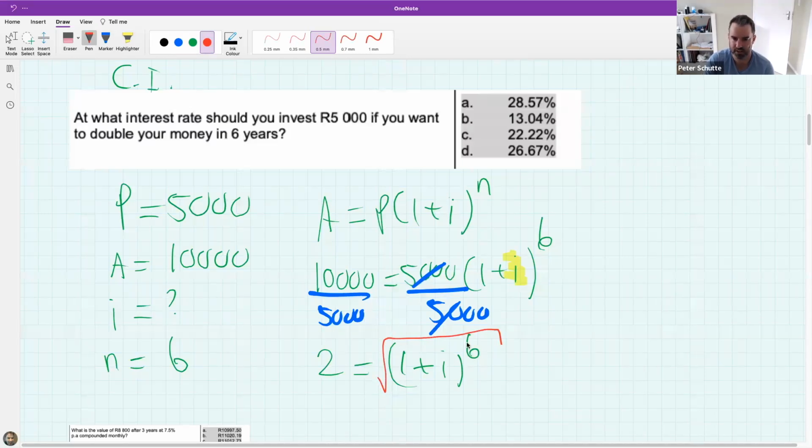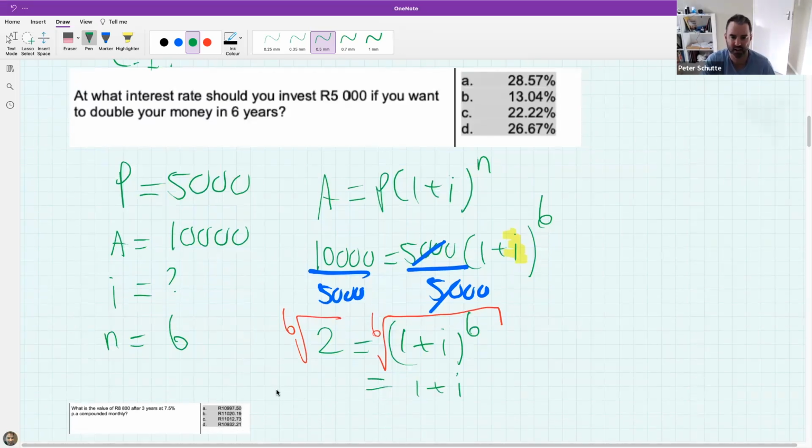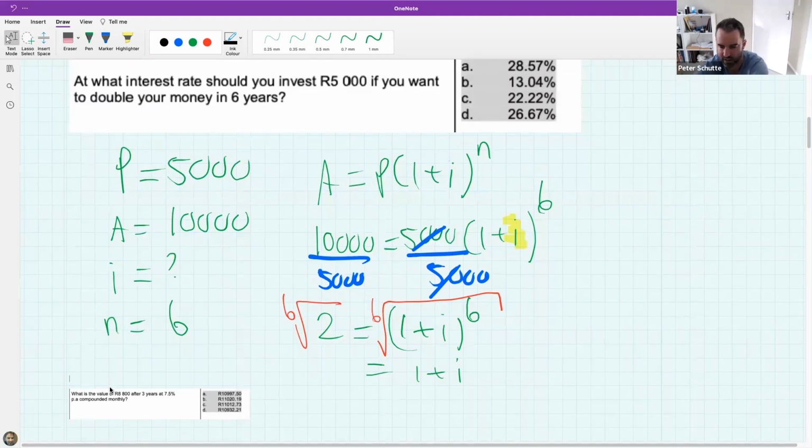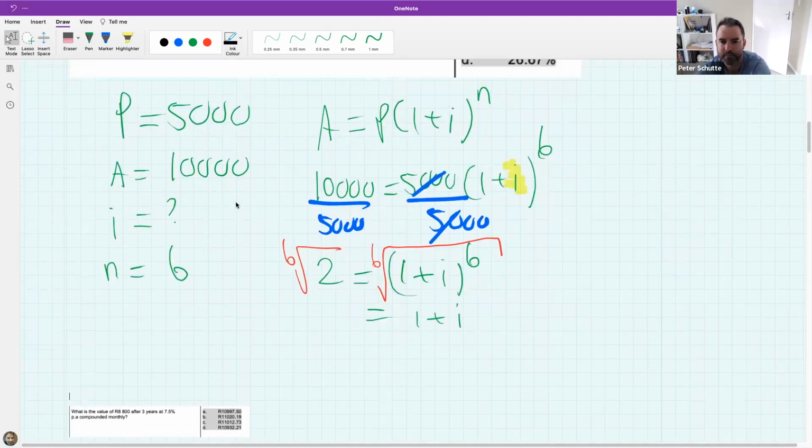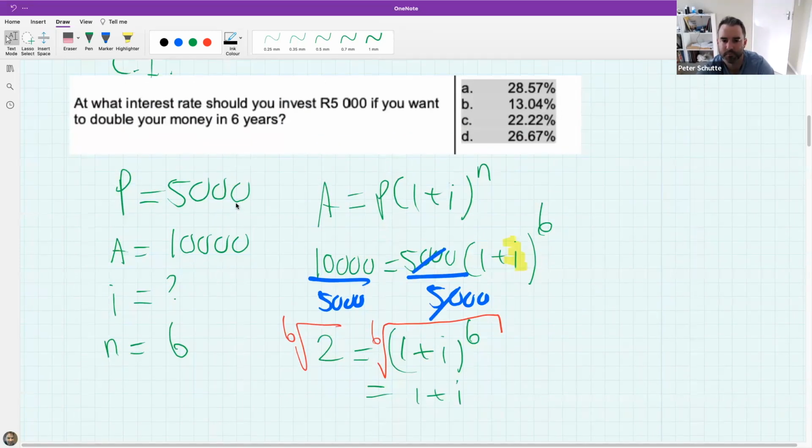So in your calculators, you do that, and you do that. And on this side now, you have 1 plus I. What do we get when we ask the calculator to give us the 6th root of 2? Give me all the decimals, or whatever it is that you get in your calculators. What do we get? It's a nice messy one.